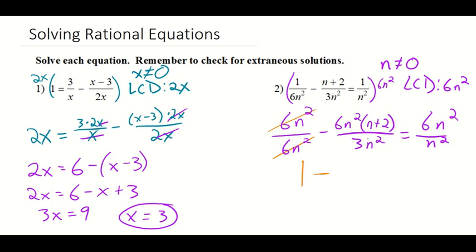So then here, our n squareds factor out, and then 6 divided by 3 is 2. So this is minus 2 times the quantity n plus 2. Watch for your signs. Then on this side, our n squareds factor out, and we're just left with 6. Let's distribute our negative 2.